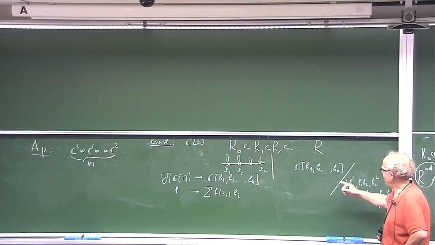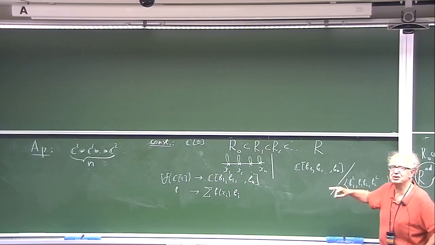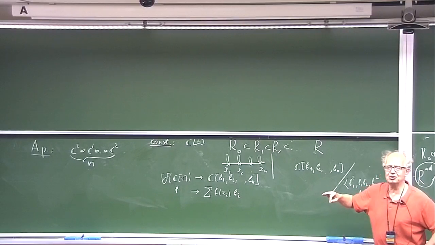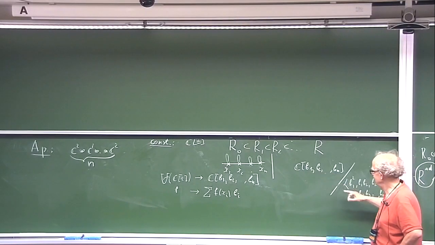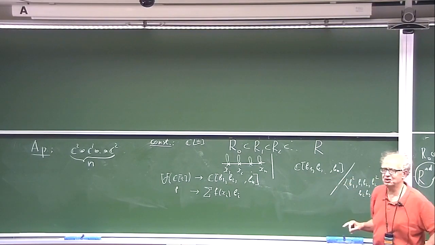Let me ask, because I am close to the end of the lecture, and here it is also an explicit thing: what is the dimension of the quotient?